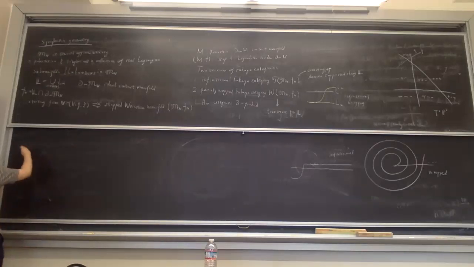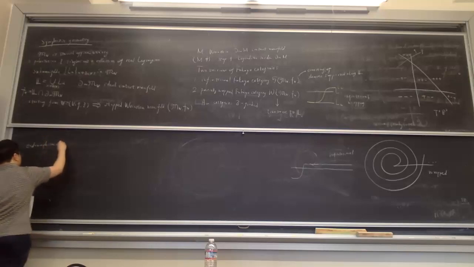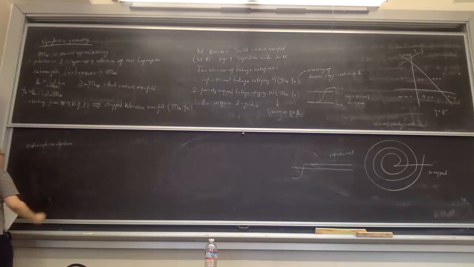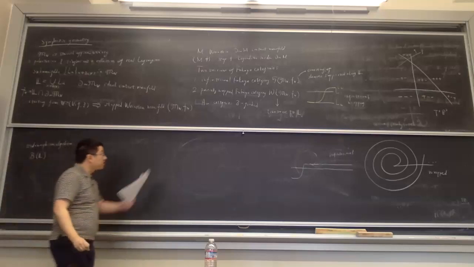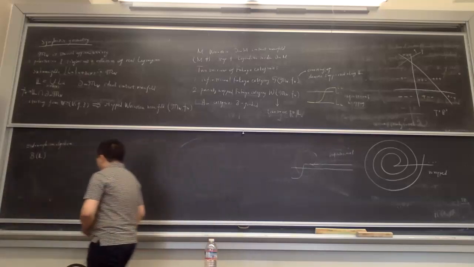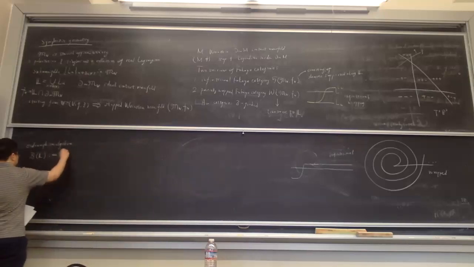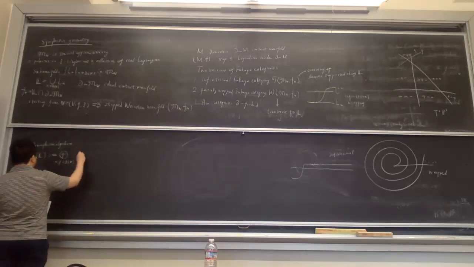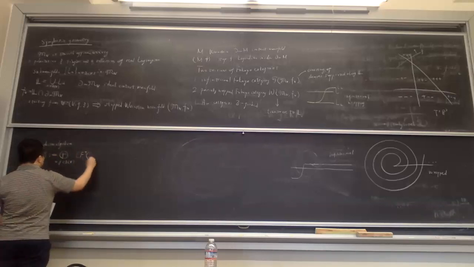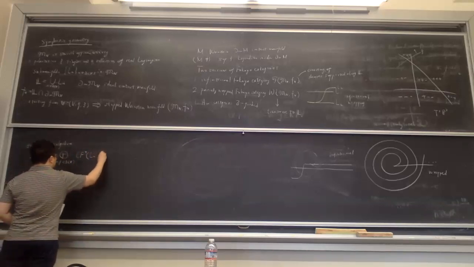We take this endomorphism algebra. We will denote it by curly B of this skeleton L, because this category is supported along the skeleton. It is defined as follows: you take all the bounded chambers, and the corresponding Lagrangians, and there is a Floer cochain complex associated to these Lagrangians.